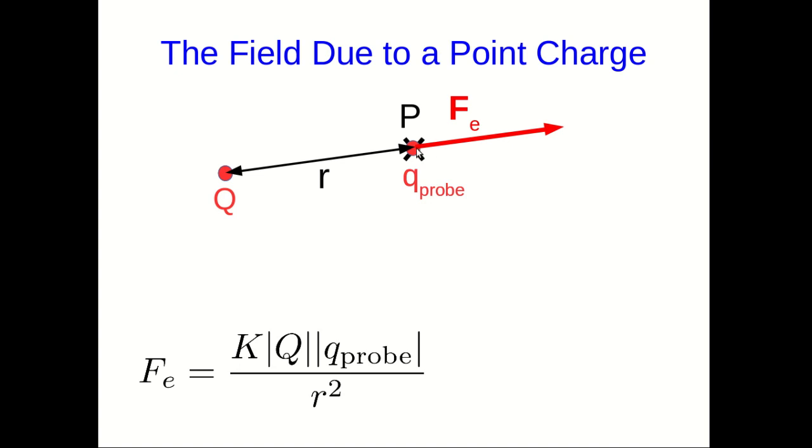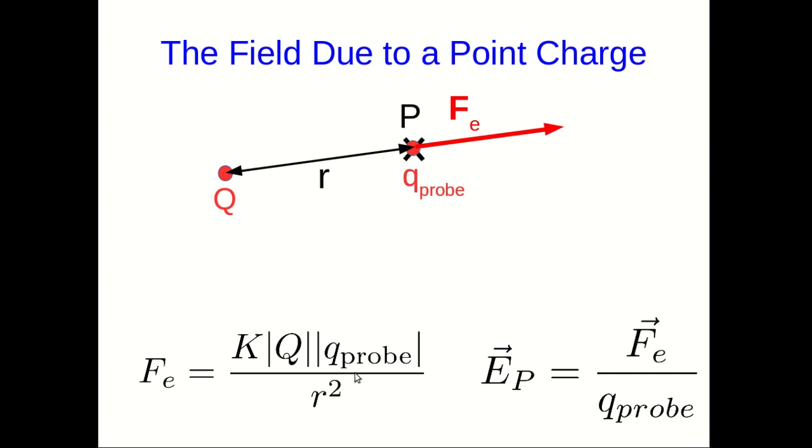And let's now think of our probe charge being at some arbitrary point P, and we're using it to probe what the value of the E field is there. And so we can work with our definition of the E field, that it is just the force on the probe charge divided by the probe charge's charge.